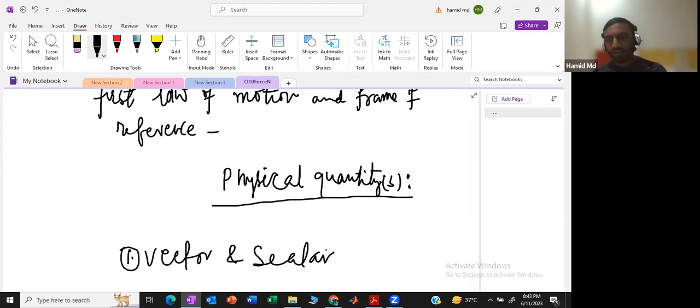Will you define vector and scalar for me? Vector quantity has only magnitude, and scalar has both magnitude and direction. Will you swap the definition?